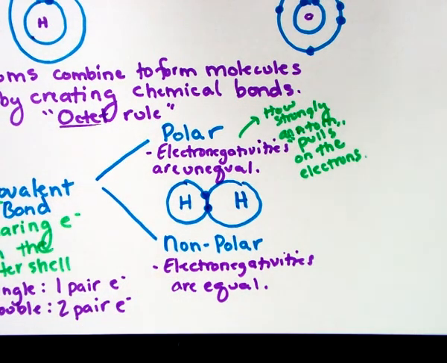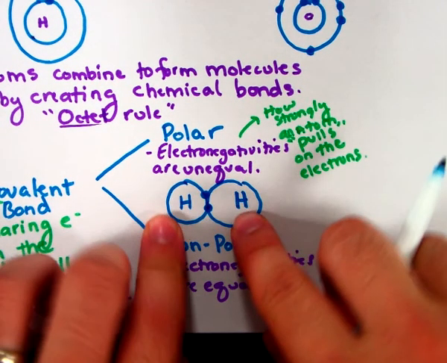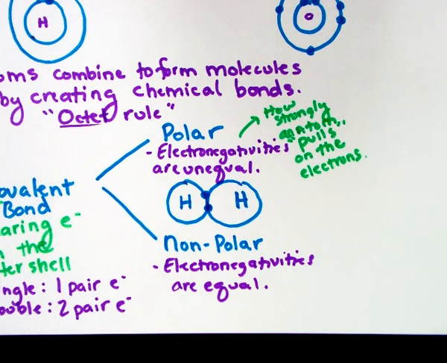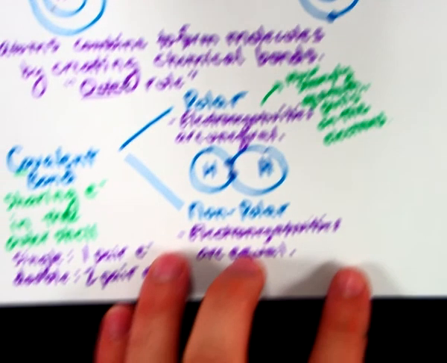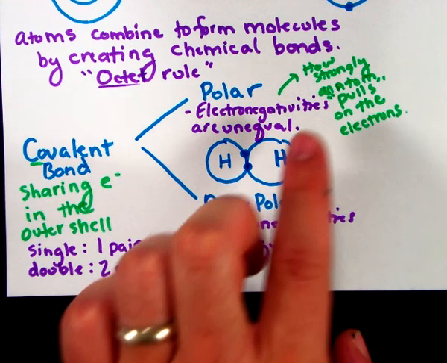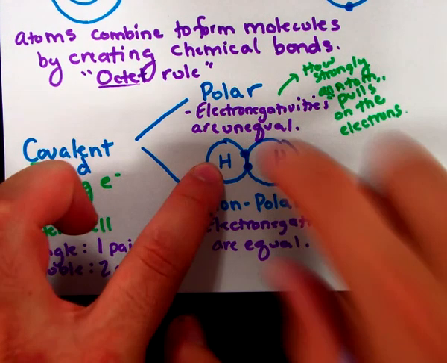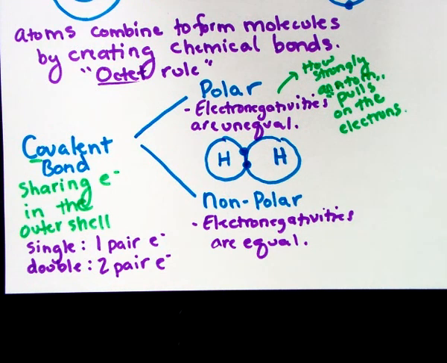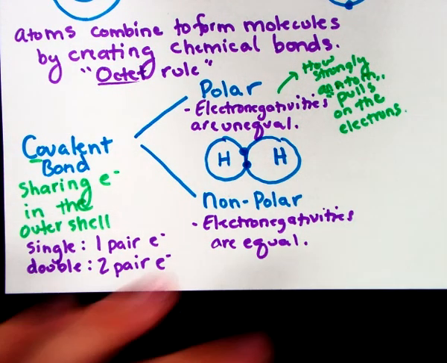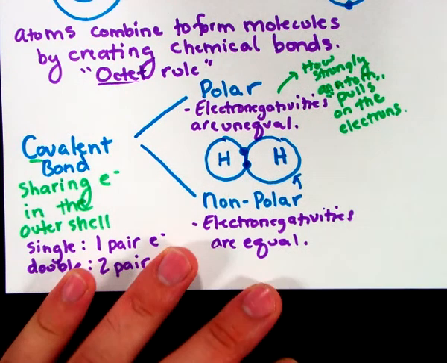So in this case, both hydrogens have a full valence shell. This is a single covalent bond. They're sharing 1 pair of electrons. And because these are the same atoms, they have the same electronegativities. This is a nonpolar single covalent bond.